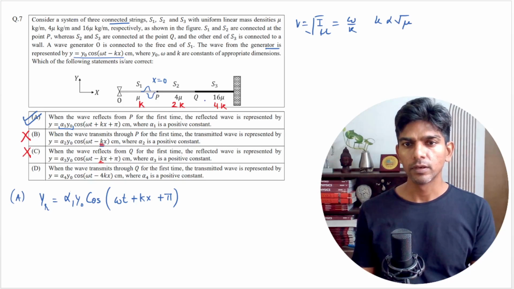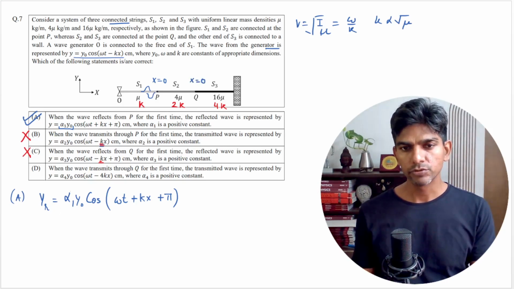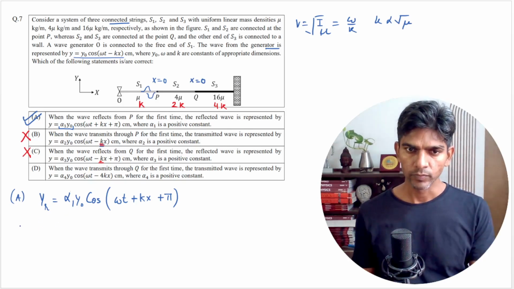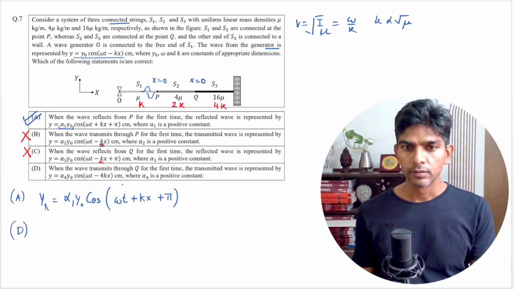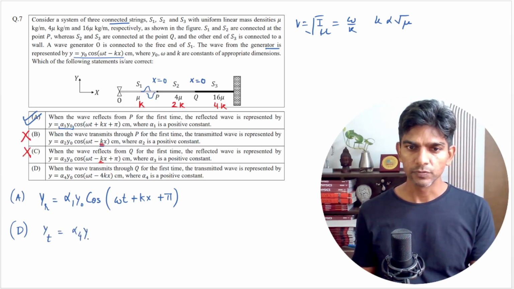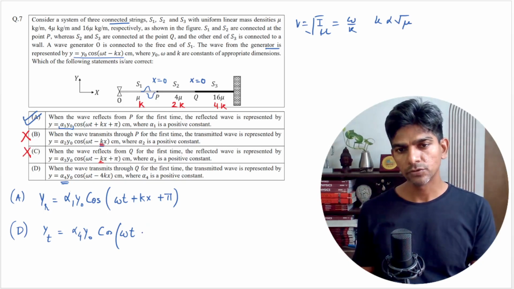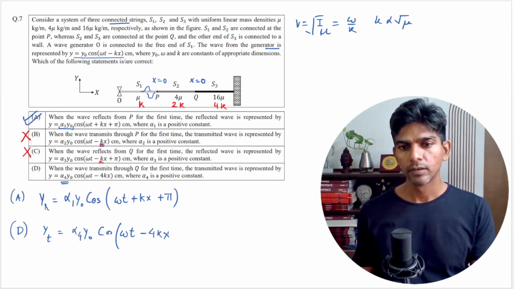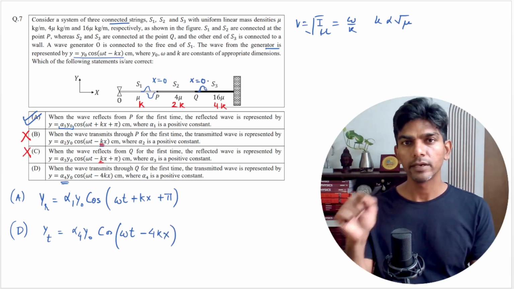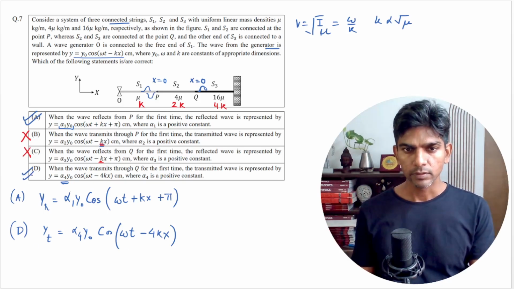For the fourth option, I'm using the assumption that they have shifted the origin to Q. So if this is x equals 0, let us check part D. The transmitted pulse yt will be alpha 4 times y naught, which they have taken, and it will be cos omega t, going in the positive x direction, so minus k will become 4k, and there won't be any change in phase because the transmitted pulse has the same phase as the incident pulse. So option D is the correct answer.